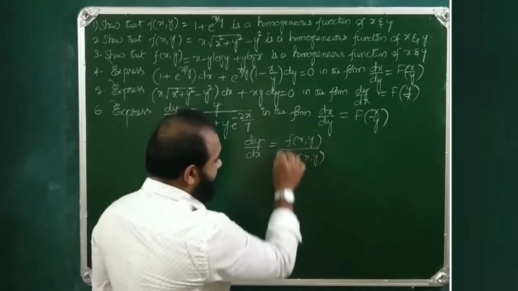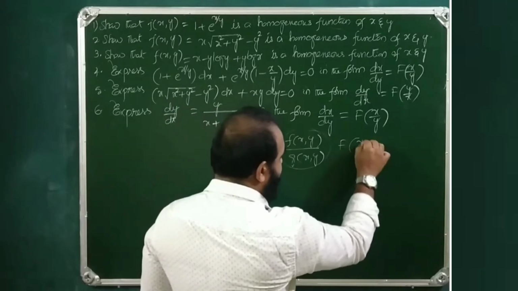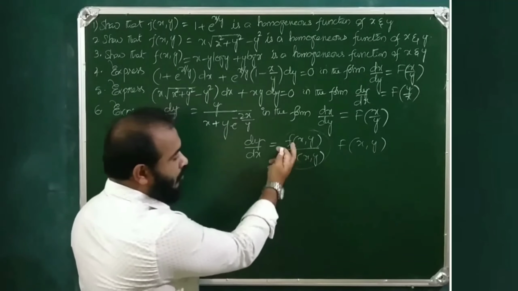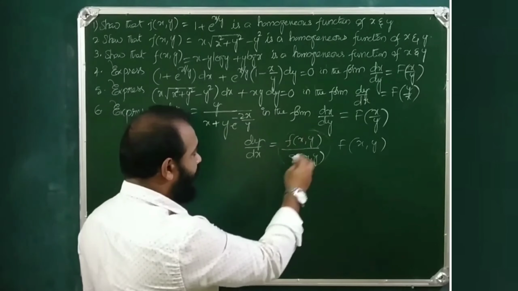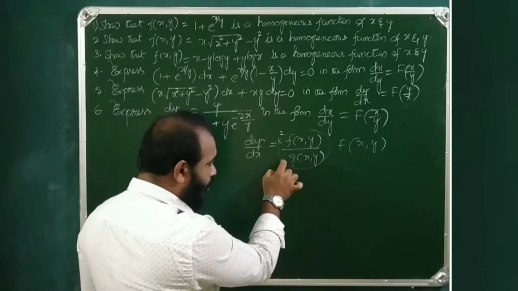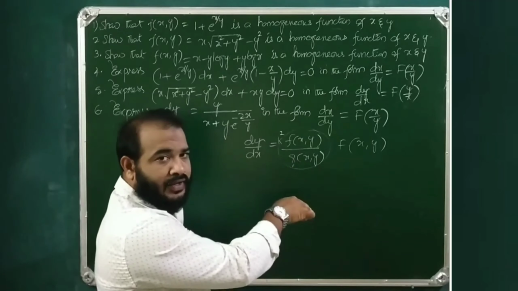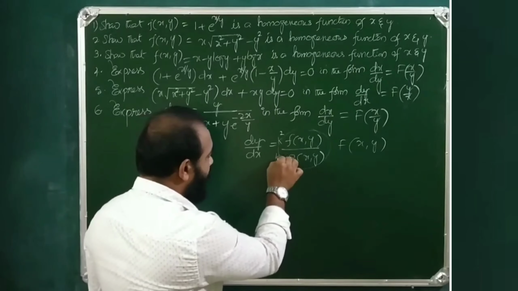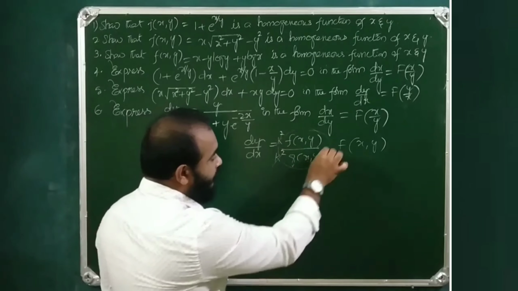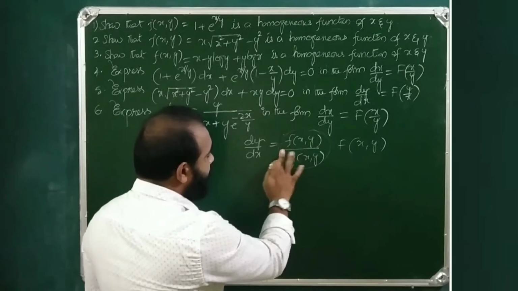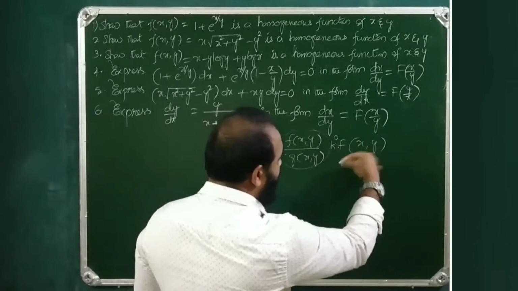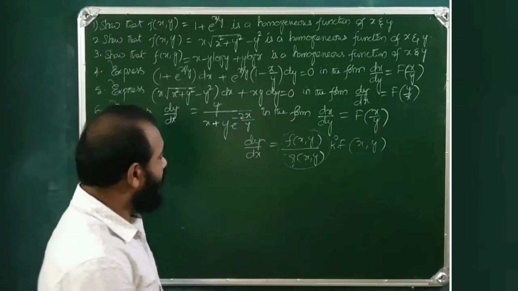Let us suppose this to be f of x, y. Both should be of the same degree. For example, if the degree is 2, then k power 2 gets cancelled and we are left with k power 0 into f of x, y.